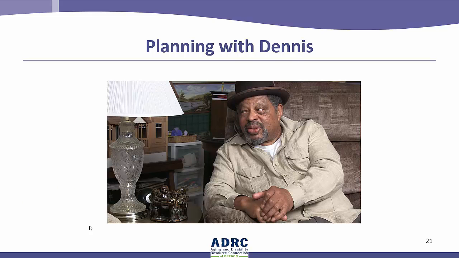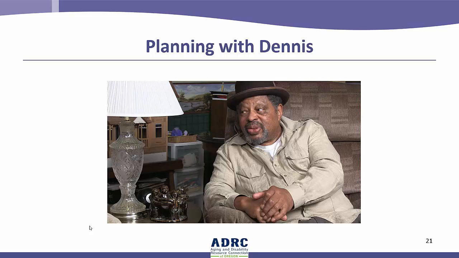At this stage in the planning process, it was still important for Sofia to refrain from stepping in with solutions. By looking at Dennis's strengths, such as what was working, the positive aspects of family relationships, and finances, the family team could begin to identify opportunities to address what was not working and identify possible options that would work for them.